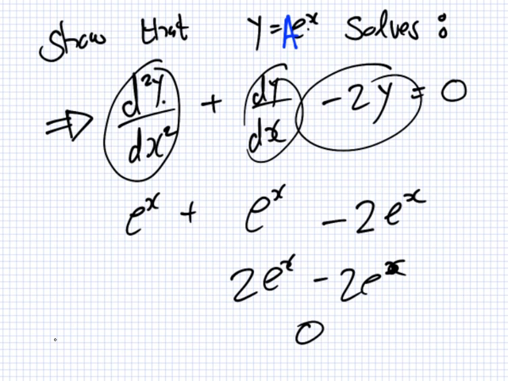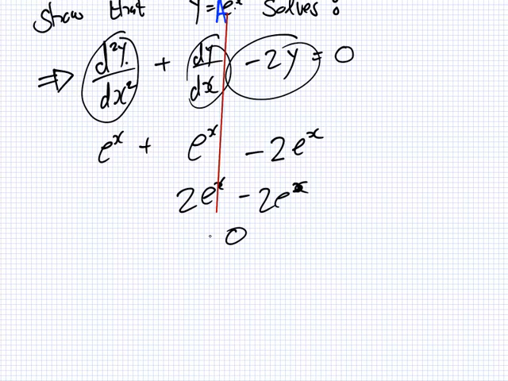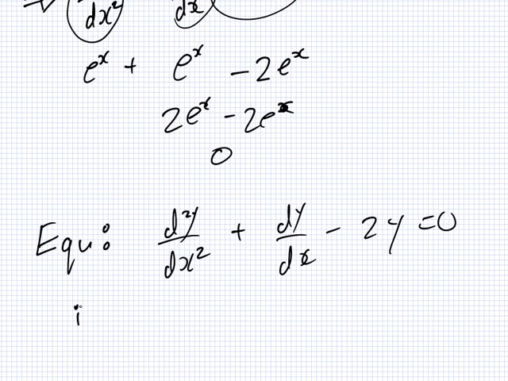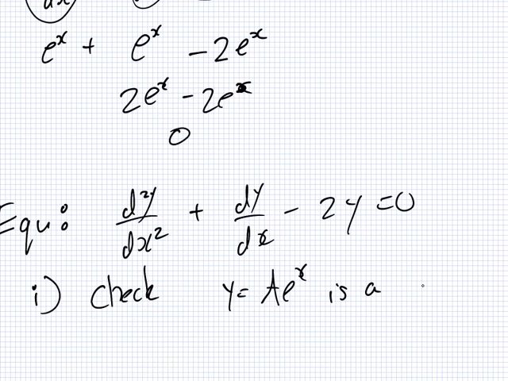Okay. Right. I want you to try this one for me now. Same equation. Let me just rewrite it again. So the equation is d2y/dx squared plus dy/dx minus 2y equals 0. So part 1 I did: check y equals ae^x is a solution.